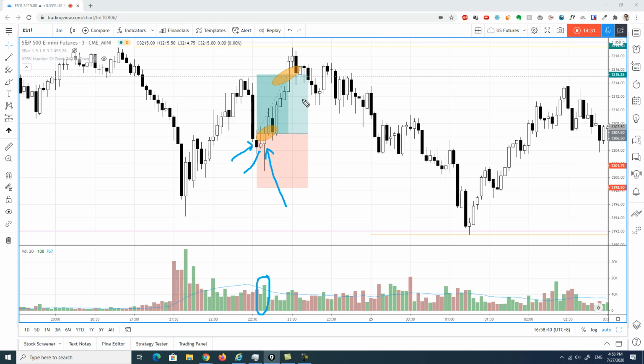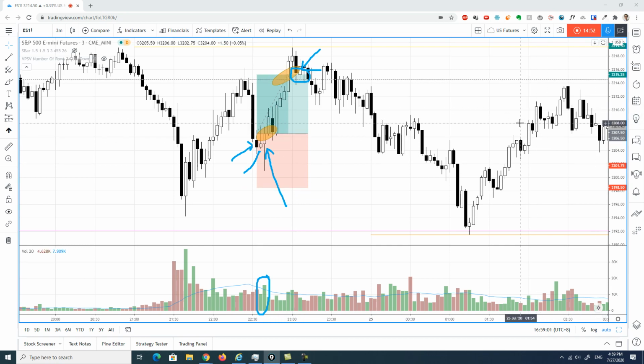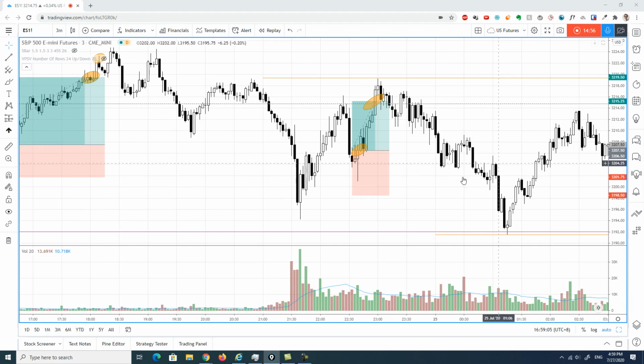Subsequently, I trailed my stop, and eventually I got out around this bearish bar here. It just stopped me out. I think that's a reward-risk ratio of slightly more than 1, if I think correctly. Yeah, it's about 1.1. So these were the two trades that I had last Friday.